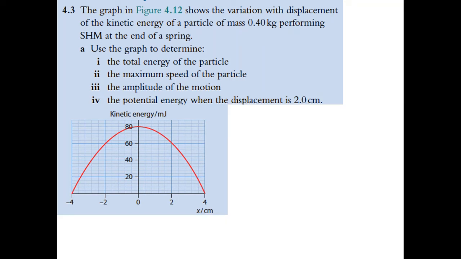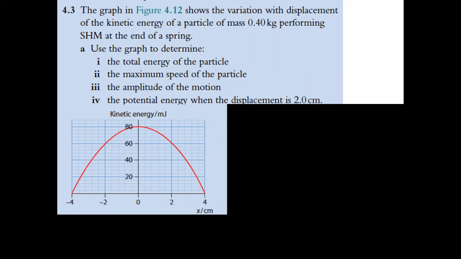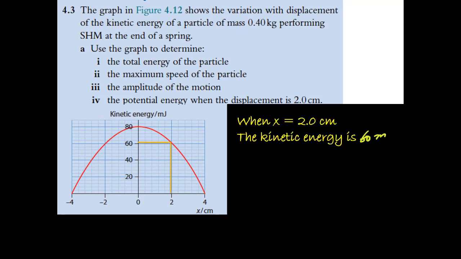III, the amplitude of the motion. From the displacement, we can see that it is 4 centimeter. Last one, the potential energy when the displacement is 2 centimeter. When the displacement is 2, kinetic energy equals 60 millijoule.